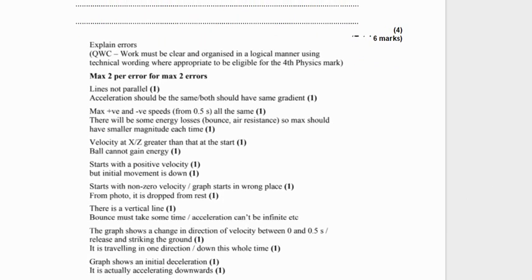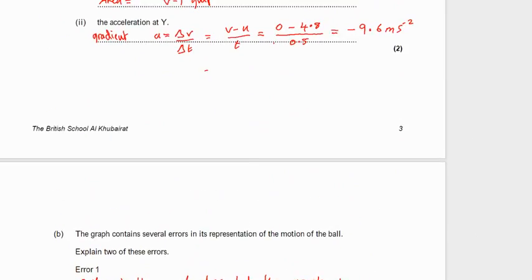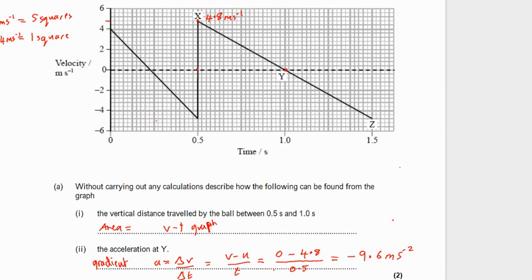Okay, so let's work our way through. The lines are not parallel. So what does that mean? That means this graph should actually look like this. So I'm going to draw where it should be. It should start off at 0 speed and fall and increase in its speed, but minus to show that it's moving downwards.